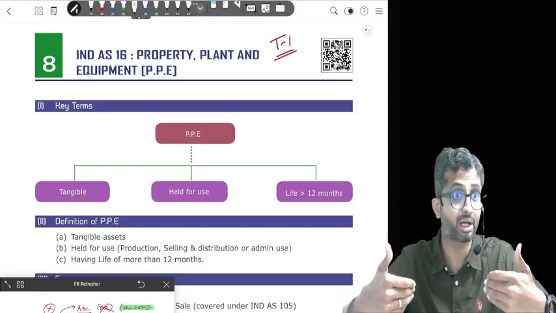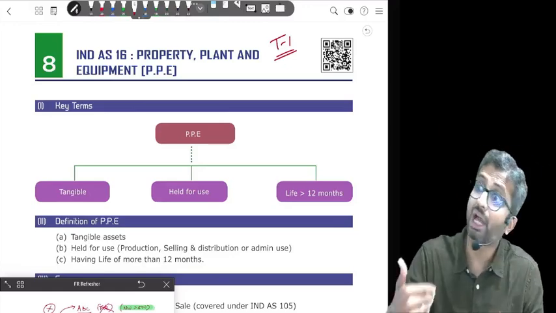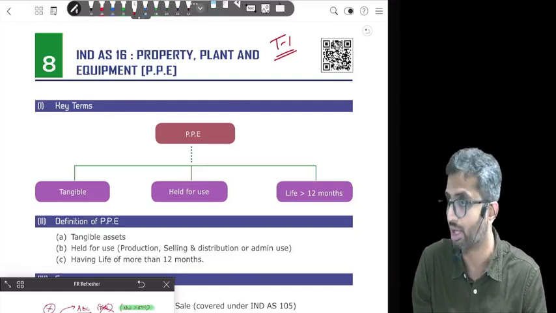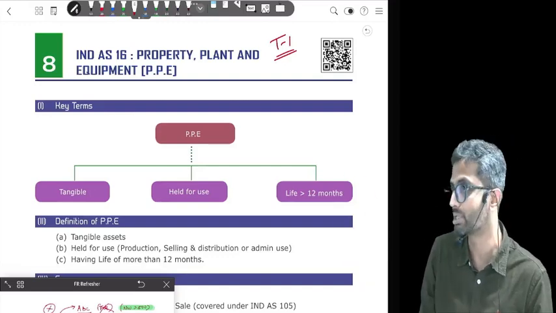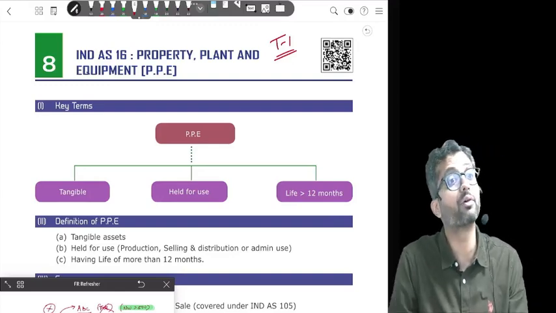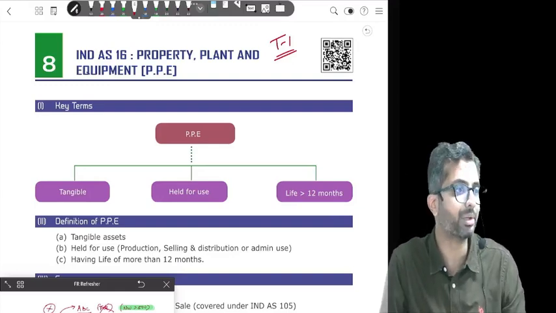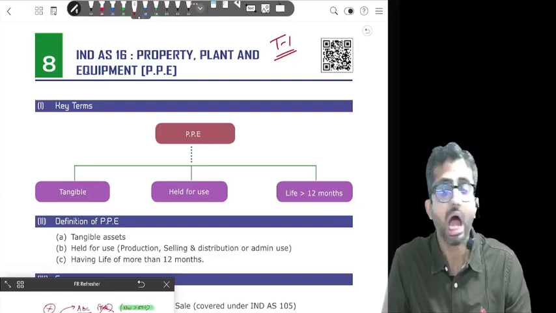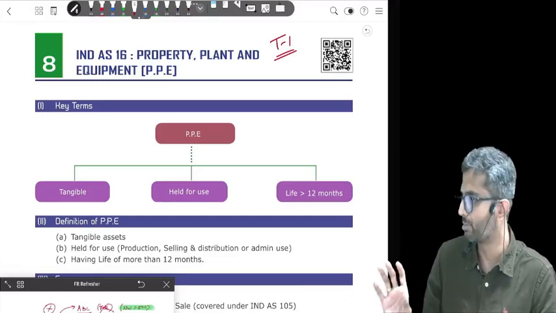Hypothetically, if I were to buy a car and a spare tire, the spare tire will be capitalized along with the car, because it is a spare which has a life of more than 12 months. Do you understand it? So over here, it has to have a life of more than 12 months for it to be capitalized along with the PPE criteria. Right?